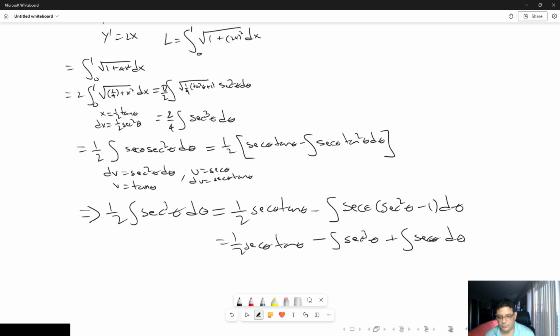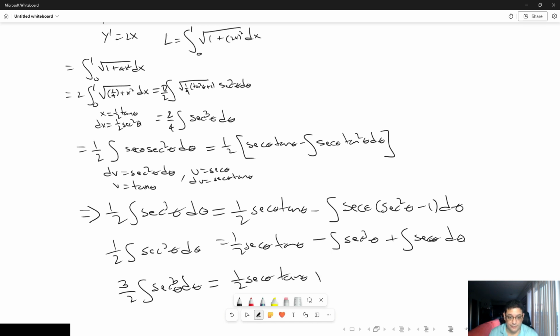And so this is 1/2 secant of theta tangent of theta. Now because we still have that this is 1/2 of the secant cubed integral, then we can move this minus secant cubed to the other side, and we're going to have now 3/2 of the integral of secant cubed of theta d theta is equal to 1/2 secant of theta tangent of theta, and then plus the integral of secant, which if you remember is the log of secant of theta plus tangent of theta.